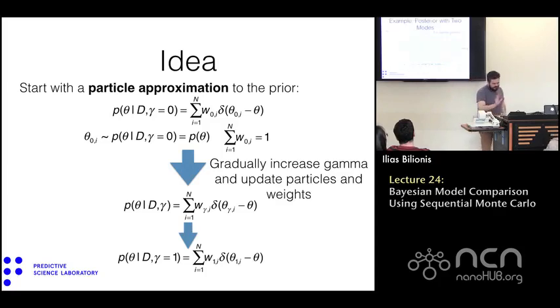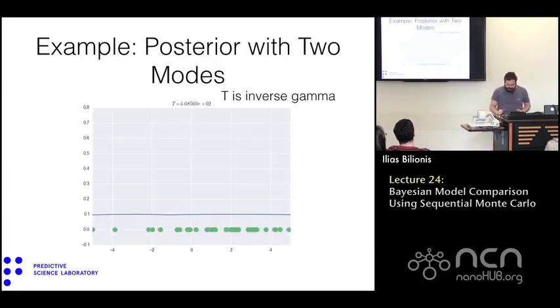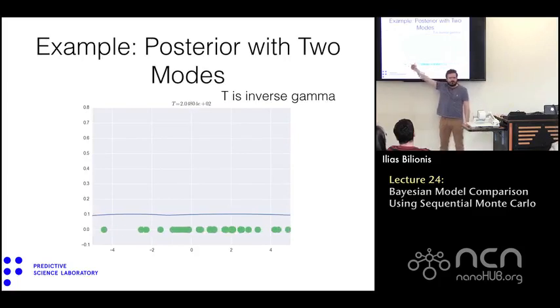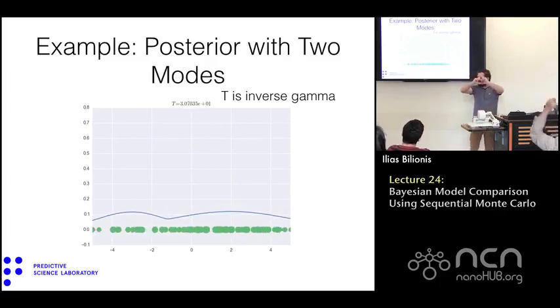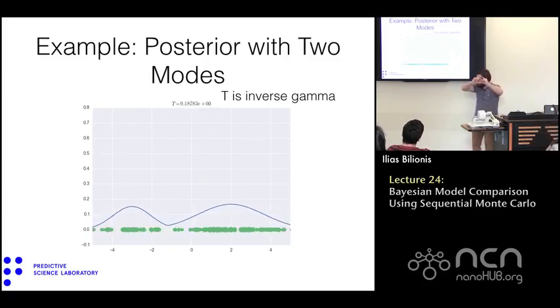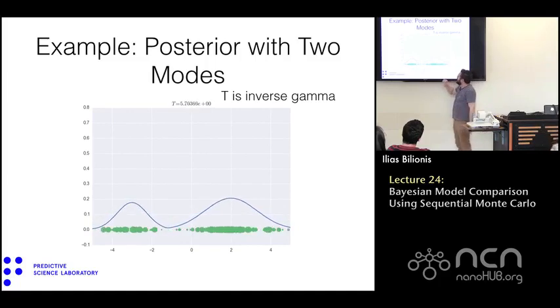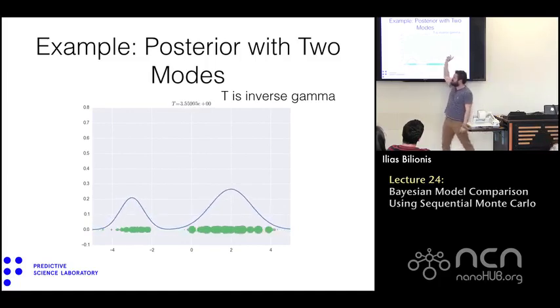You will see visually how this thing works. So you start from a flat prior, with samples from the flat prior. Now each one of these dots here is a particle, and how fat it is corresponds to the weight. So the radius of the particle corresponds to the weight. And we start from gamma equals 0.